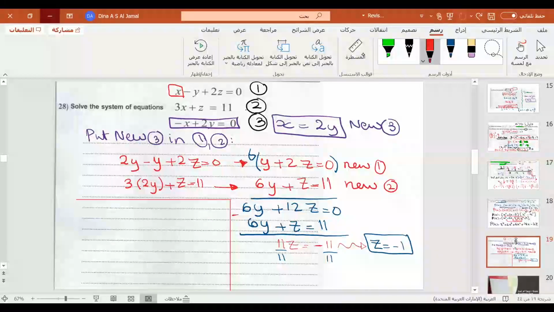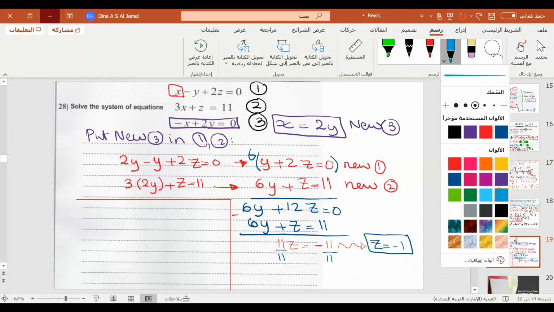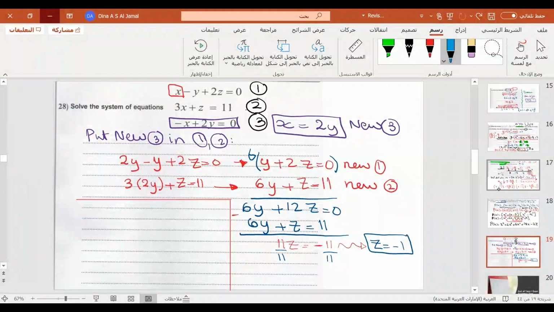Great. Now let's use the value of z to find the rest. Now go backward. You will not run directly to find x. To find x, you need y, and you don't have y. So let's use z to find y. So look at the first equation: y plus 2z equals 0. That means your y will be equal to minus 2z. So minus 2 multiplied by minus 1, that means it is 2.